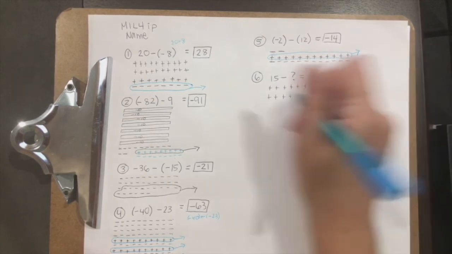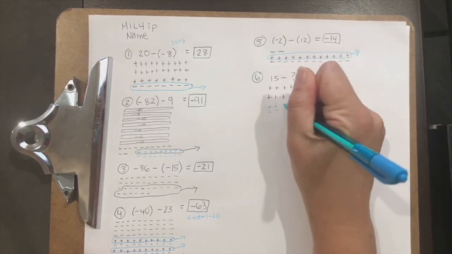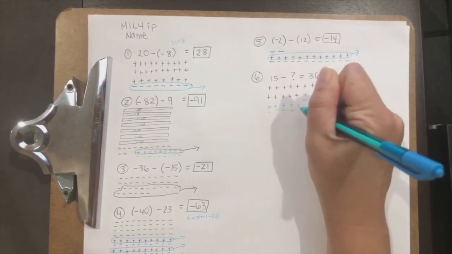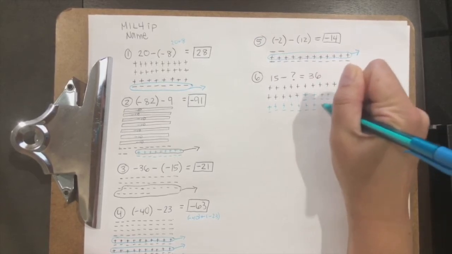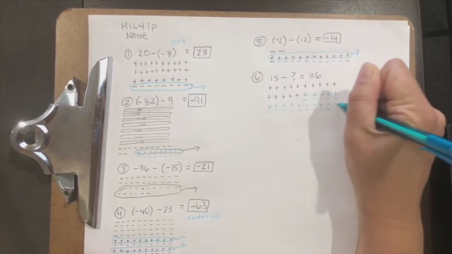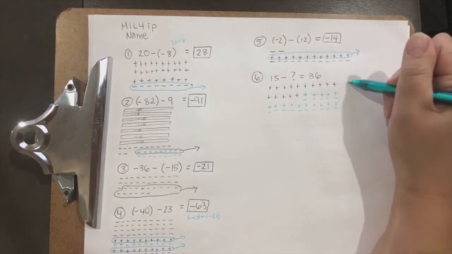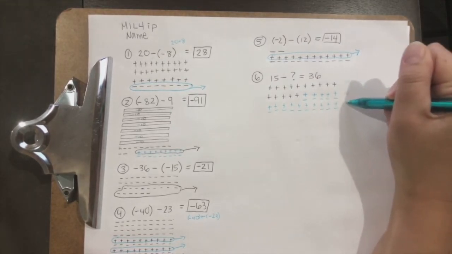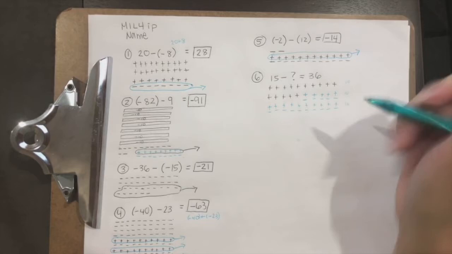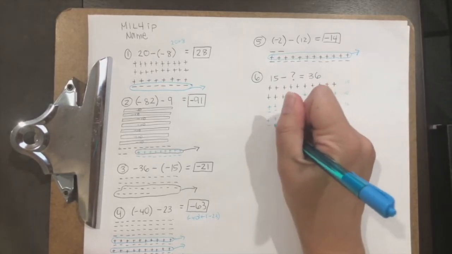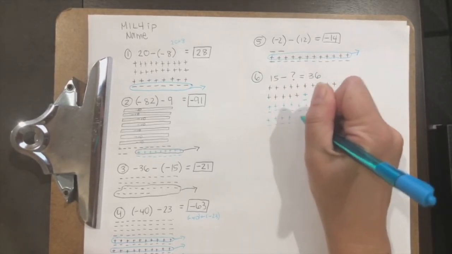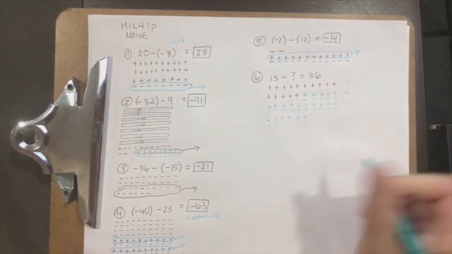So that would be 20. 1, 2, 3, 4, 5, 6, 7, 8, 9, 10. So 10, 10, and 10, that's 30. So now I need 6 more. 1, 2, 3, 4, 5, 6.